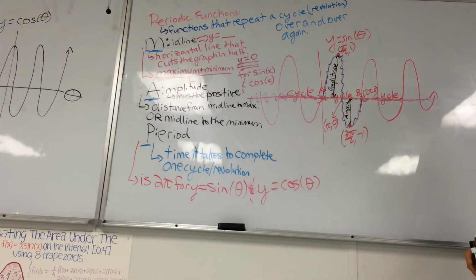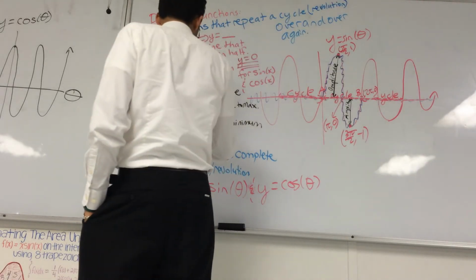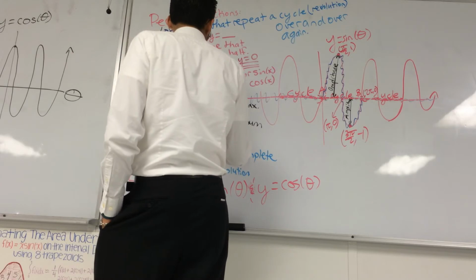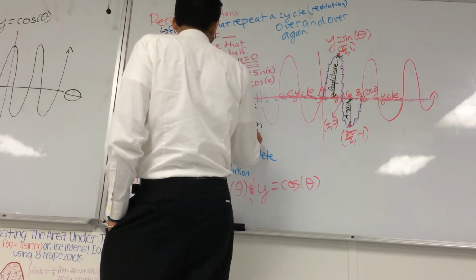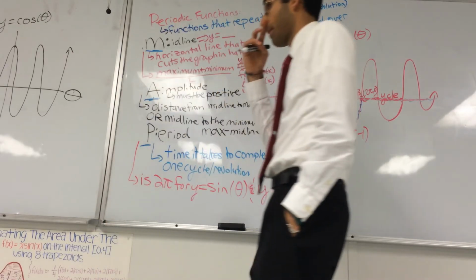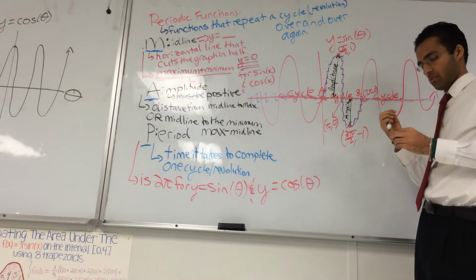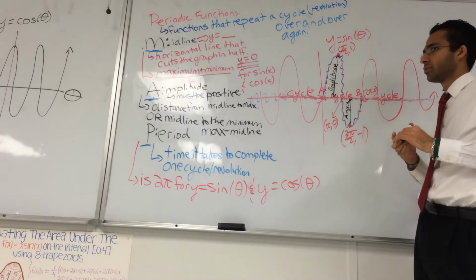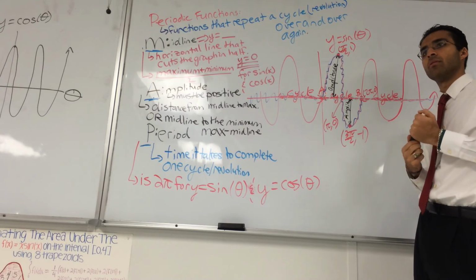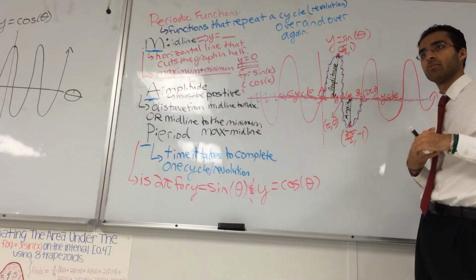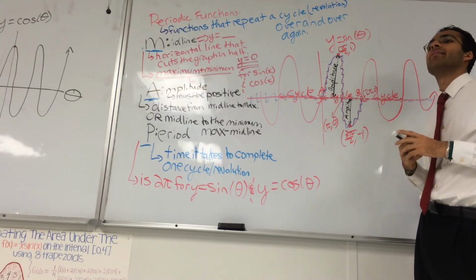And the formula for amplitude is maximum minus midline. Maximum minus midline. Edgar. You sure? Abel? So for max minus midline, can it also be minimum minus midline?